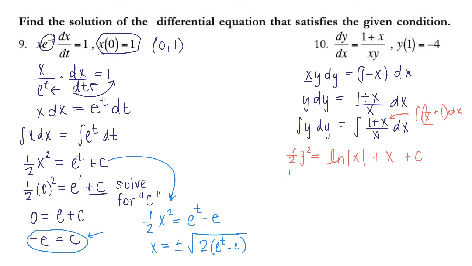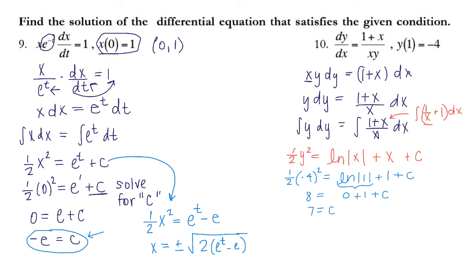So we're going to have 1/2 times -4 squared equals the natural log absolute value of 1 plus 1 plus c. So let's see, that's going to be positive 16 times 1/2, so that's going to be 8 equals natural log of 1, that is 0, plus 1 plus c. So it looks like c is going to be equal to 7.